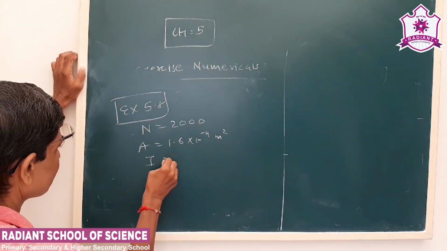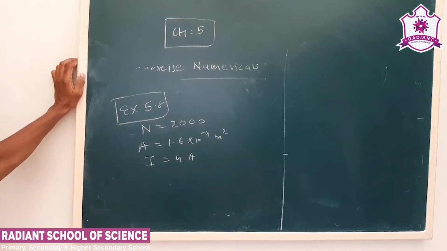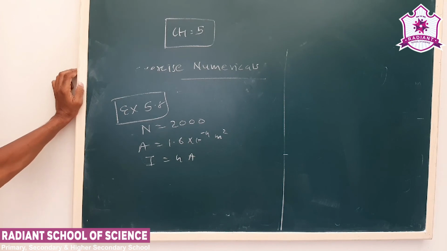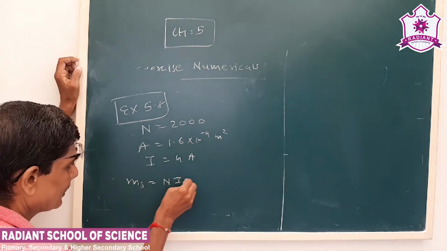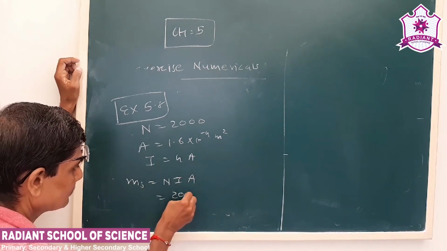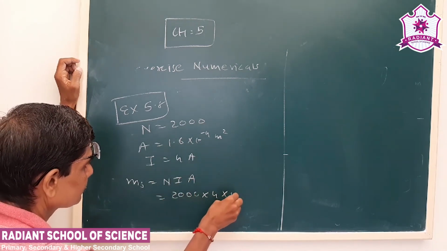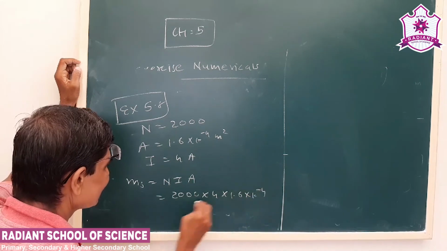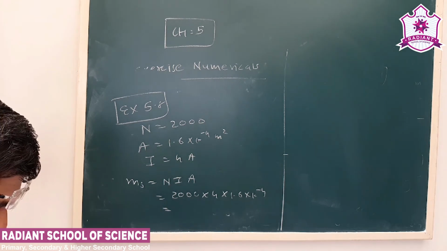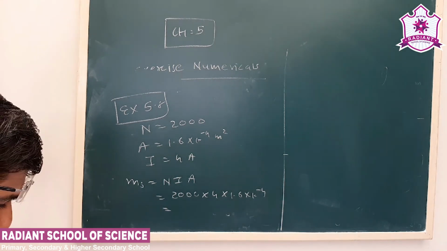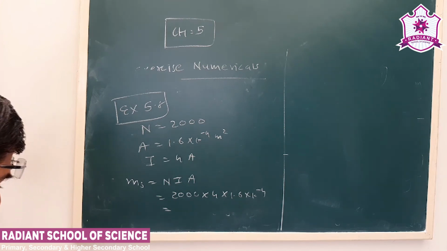Current is 4 ampere. We have to find out what is the magnetic dipole moment of the solenoid. So m s is N I A, 2000, current is 4. Now we can calculate this.